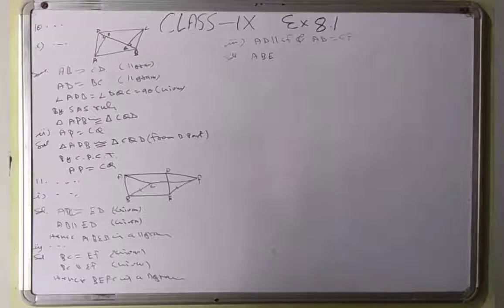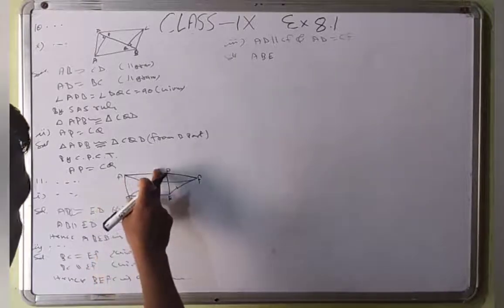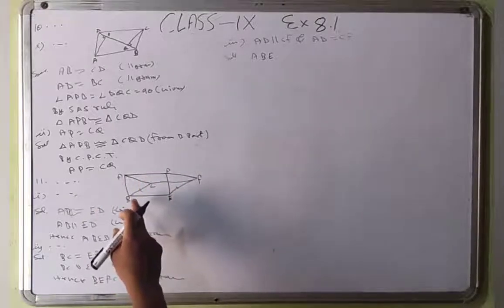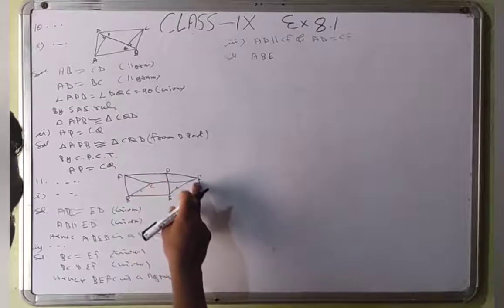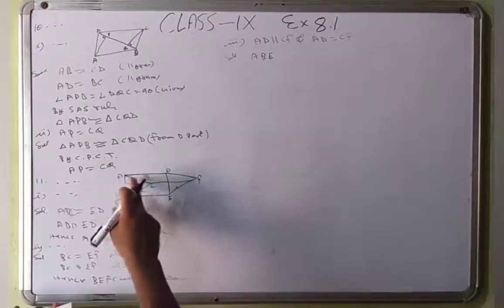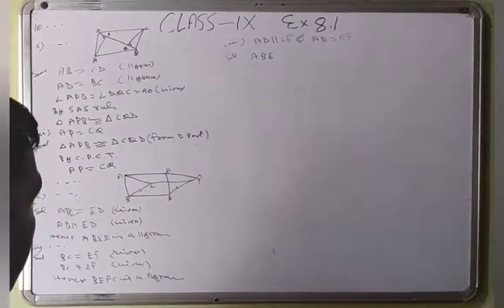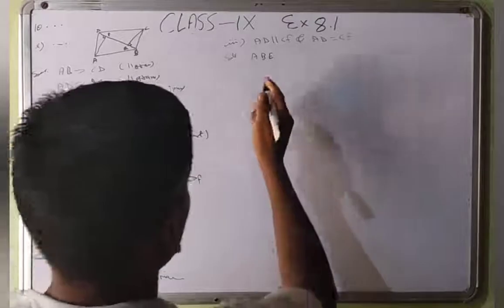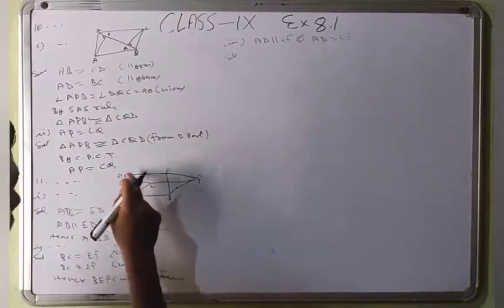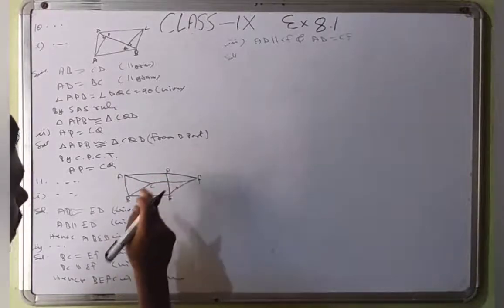AD is parallel to CF, okay, and AD is equal to CF. So that will be yes. We know that ABED is a parallelogram and BEFC is also a parallelogram.